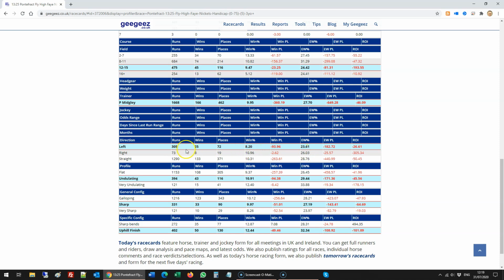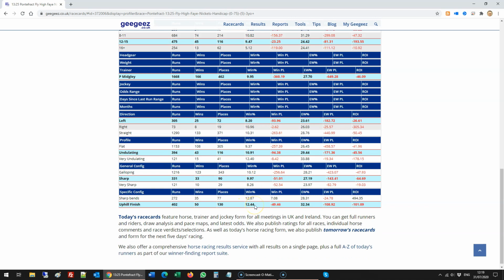But on a meaningful sample size, there's quite a significant disparity there. The track profiles are always interesting to me, and again, the undulating tracks, he's fared better, both in win and place strike rates, so that's interesting. Nothing really in the data here.